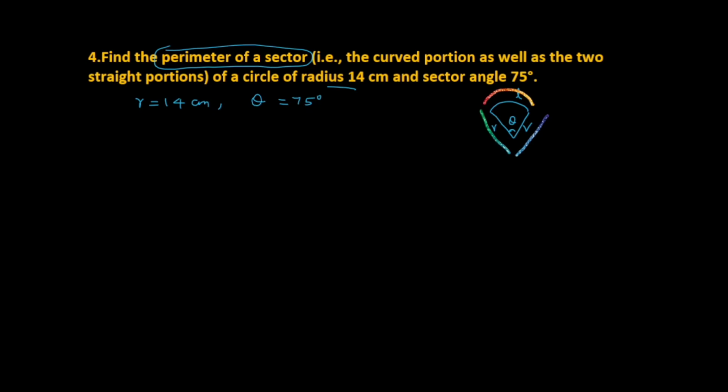Now the perimeter of the sector is the length of the arc plus 2 times the radius. The length of the arc is nothing but theta by 360 into 2 pi r. You know very well the arc length is theta by 360 into 2 pi r, then plus 2r units.